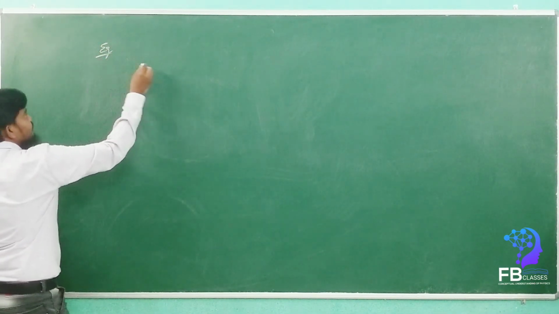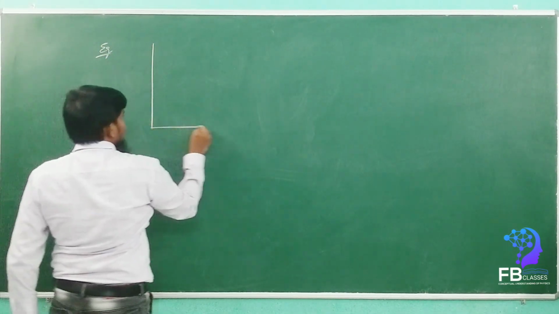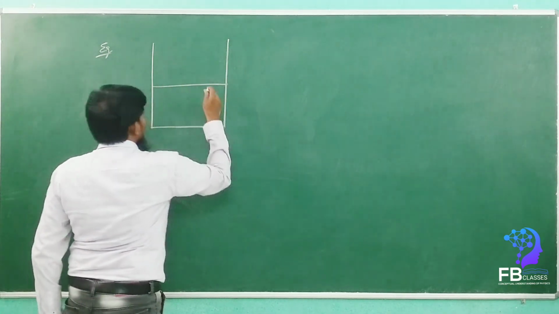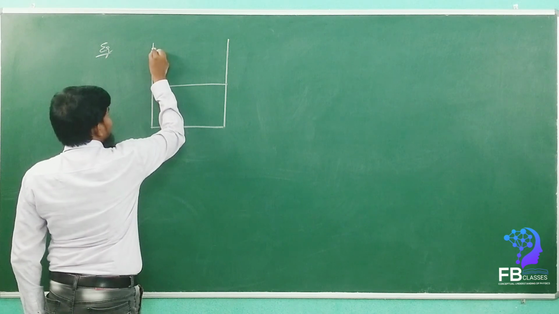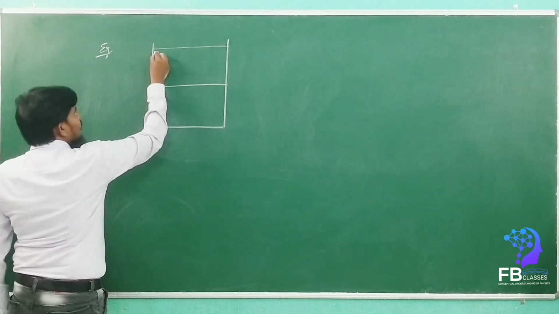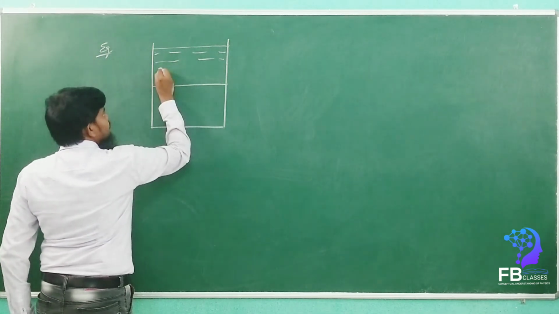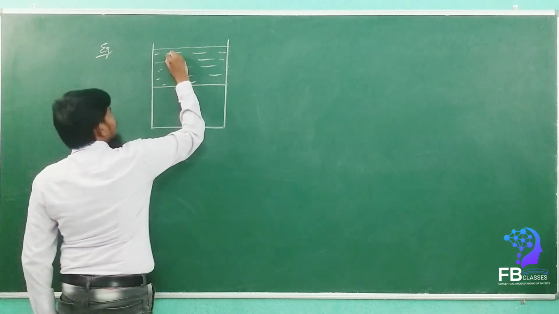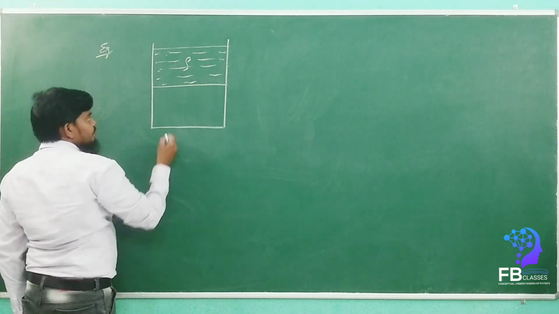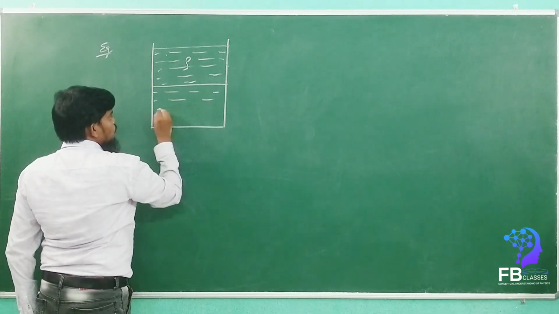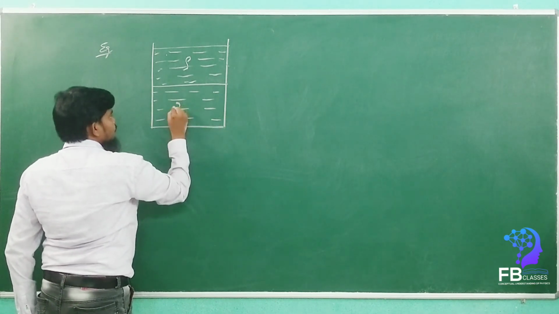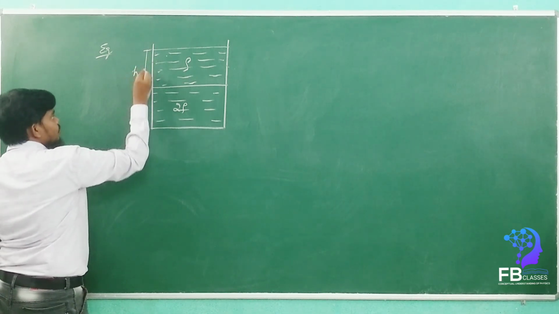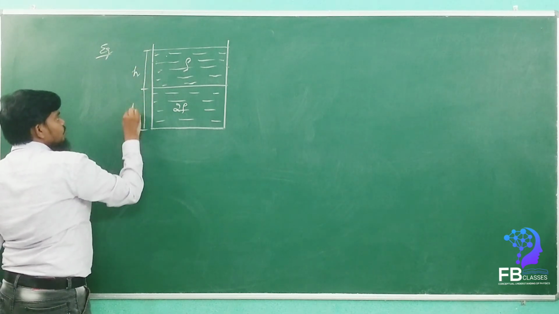See the example. There is a container which has two different densities of liquid. This is rho density and this one has 2 rho density. Each height is h.